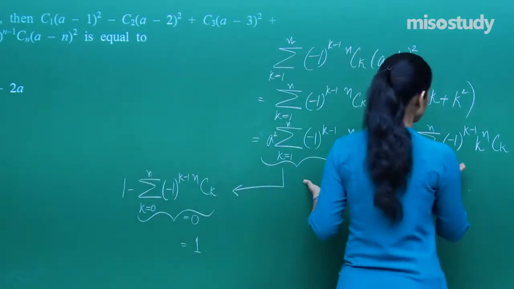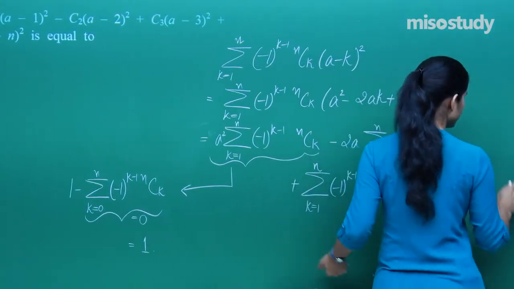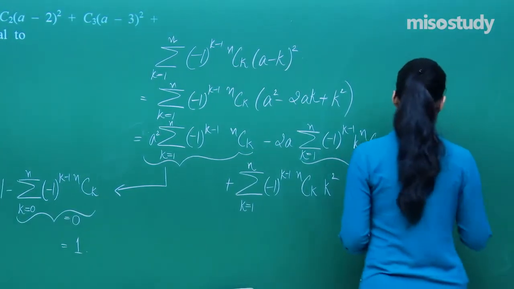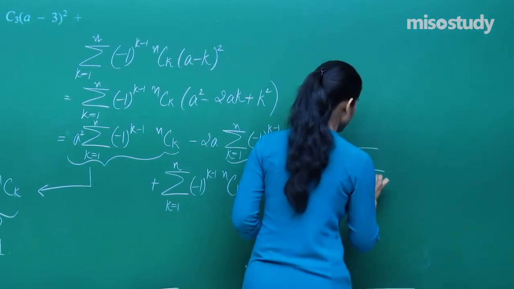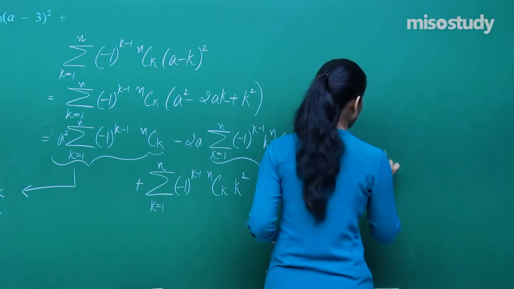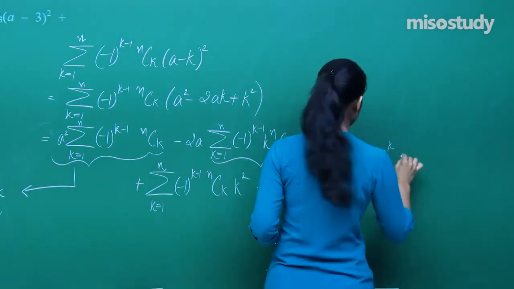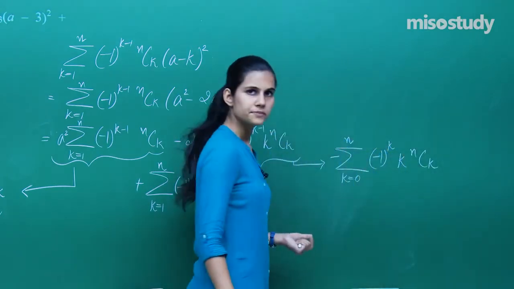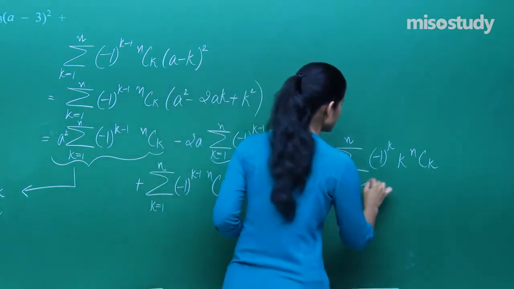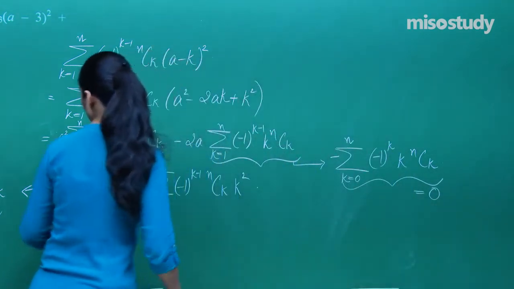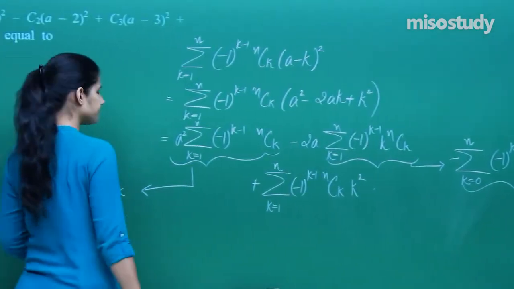Now when I am talking about this particular summation, this can alternatively be written as summation k running from not 1 to n but 0 to n of minus 1 to the power k into nCk, right? And this is nothing but equal to 0. Here also this will be k and not k minus 1, this is k.